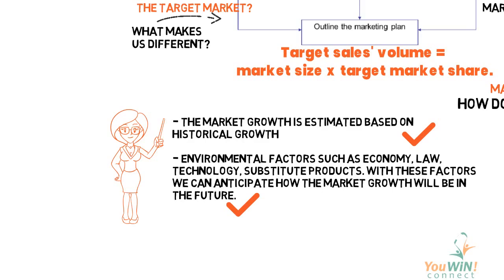In the last few years, a number of developments in the technological terrain has changed the taste and how people want to access markets. So we need to take that into consideration when we're estimating market growth. Legal considerations, that's the law and regulations, also affect it, and of course substitute products.